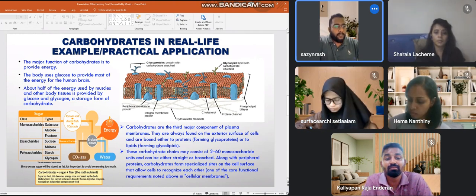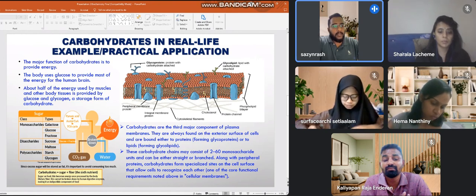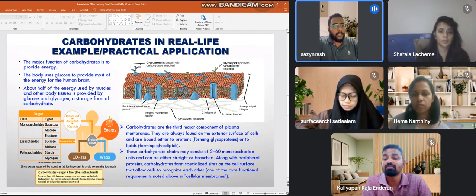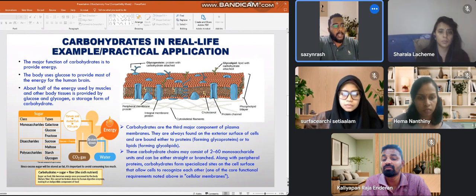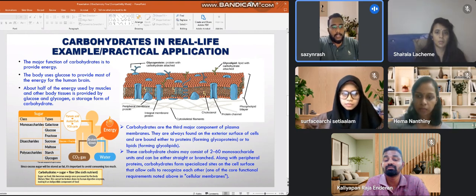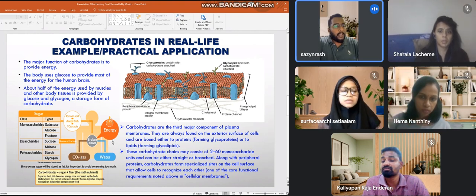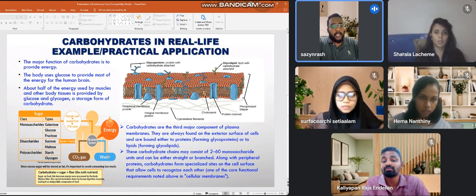We have sugar, which is classified as monosaccharides, disaccharides, and polysaccharides. Under monosaccharides, we have three types: galactose, glucose, and fructose. Under disaccharides, we have sucrose and maltose. Under polysaccharides, we have starch and glycogen. Once it breaks down in the body, it gives energy as a positive form to us, and as waste, we have carbon dioxide gas and water. And you can see carbohydrate equals simple sugar and fiber.